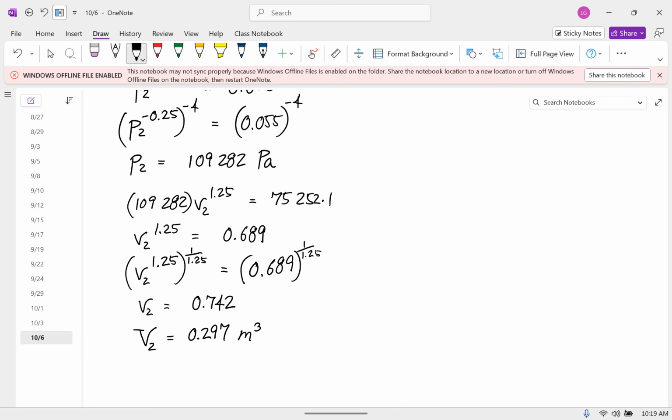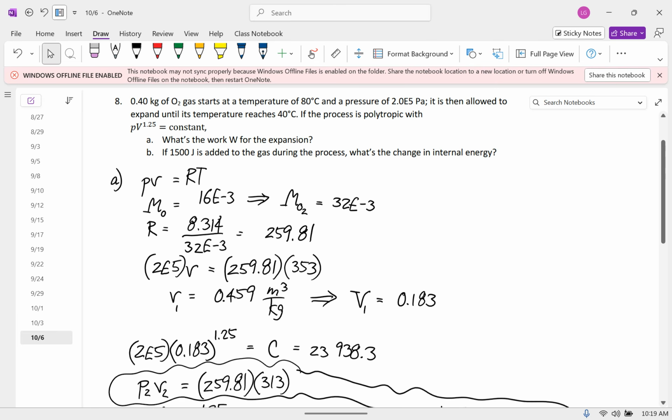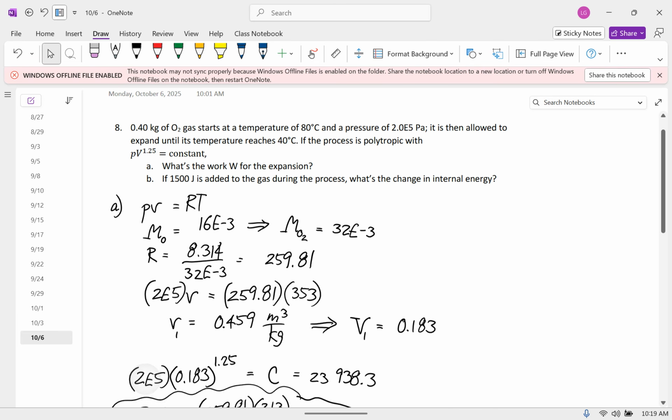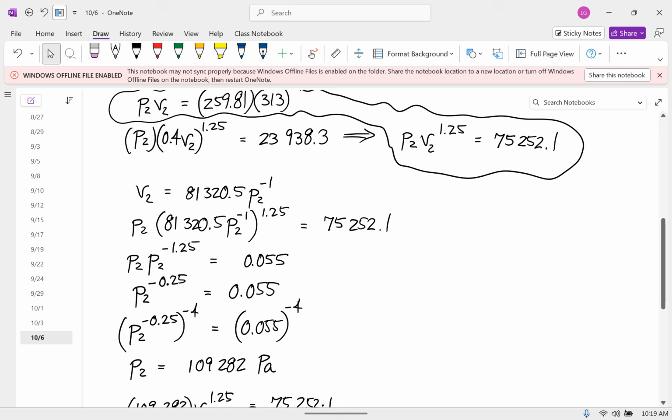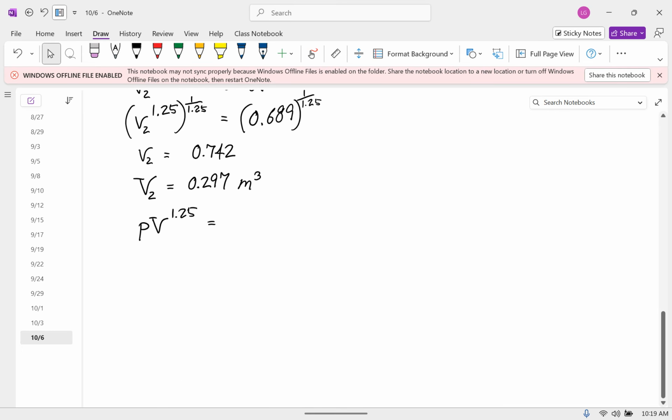Okay, now we're almost ready to compute that integral. So we know that we have PV to the 1.25 is equal to 75,252.1.